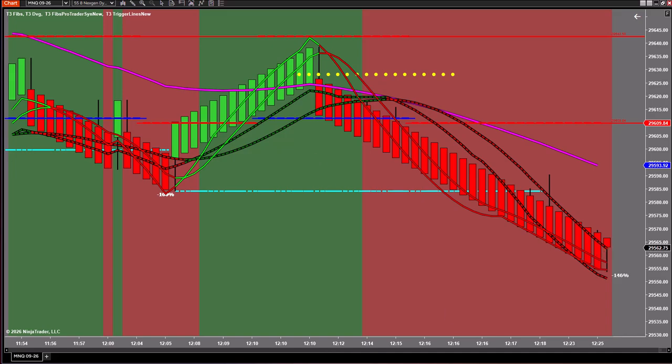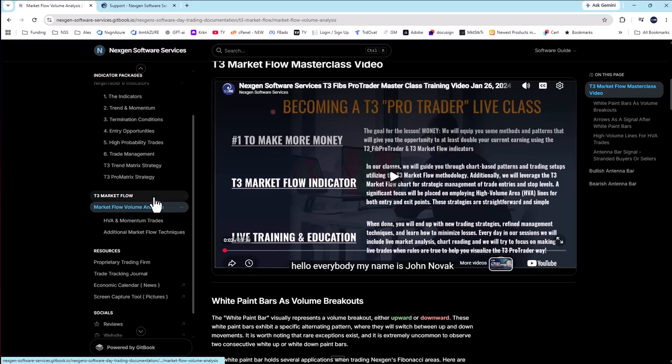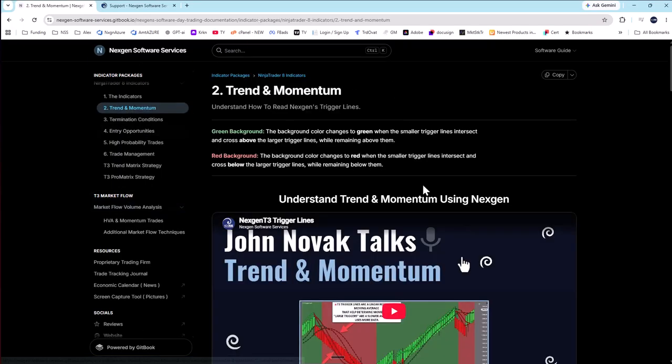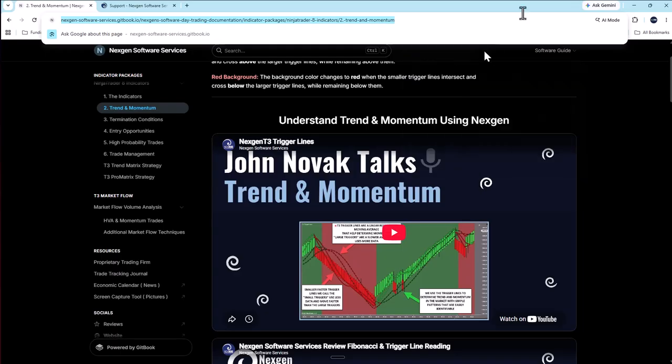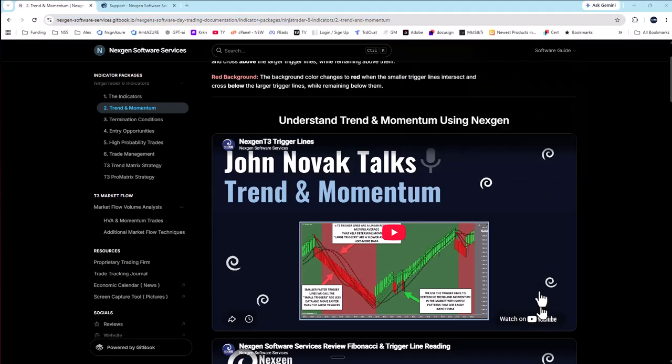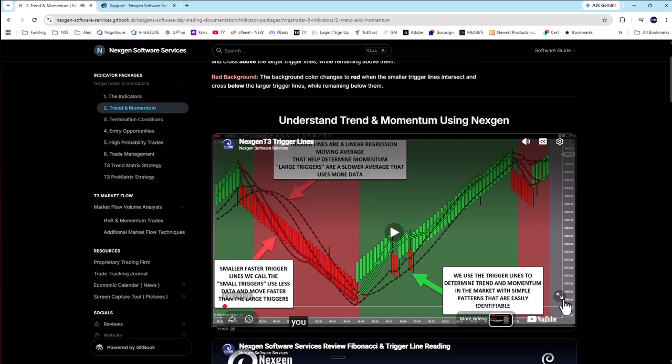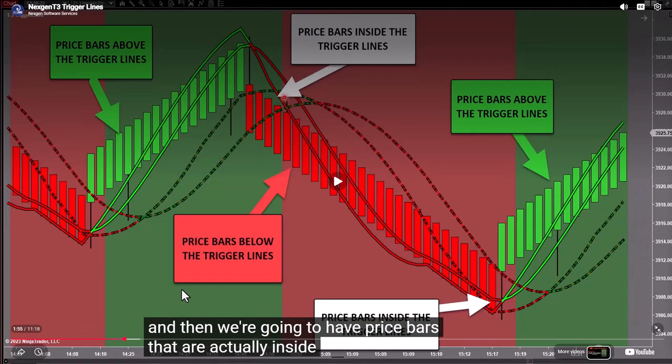There's a video in our user guide, this video right here in this page, and it talks very specifically about one thing. We talk about where the price bars are in relationship to the triggers. Everybody remember that video? If the price bars are below the triggers, the Renko bars, you have a much better chance of the market continuing.